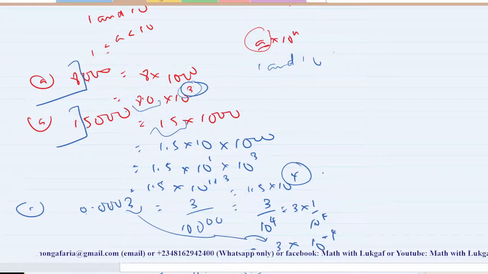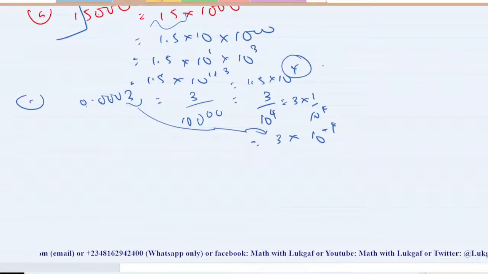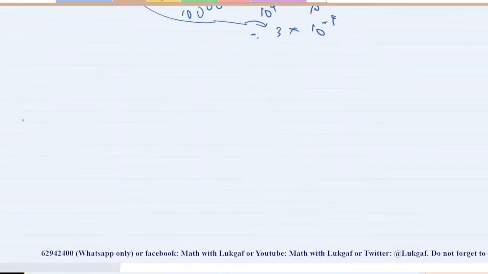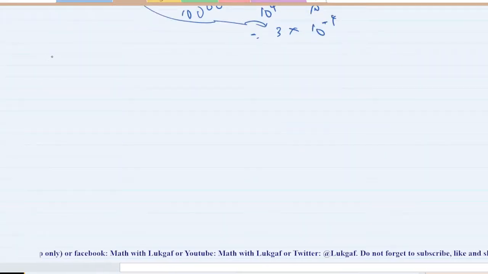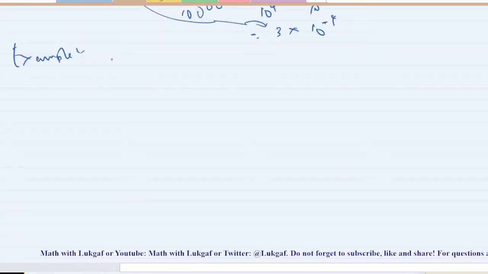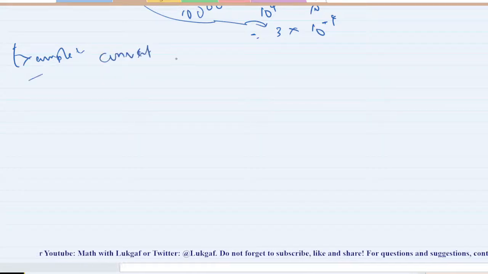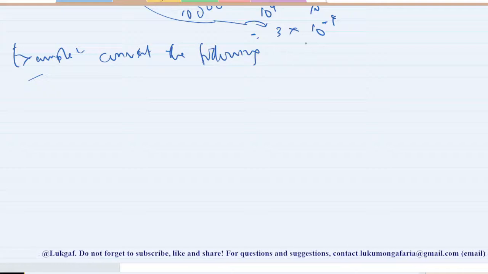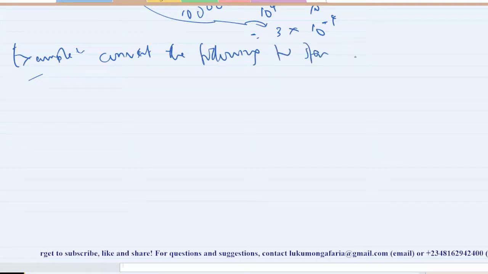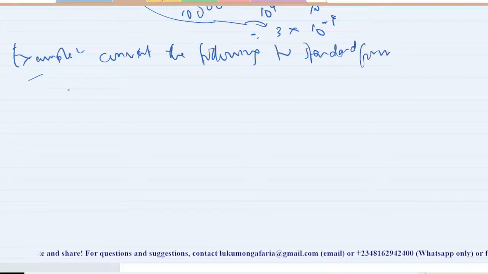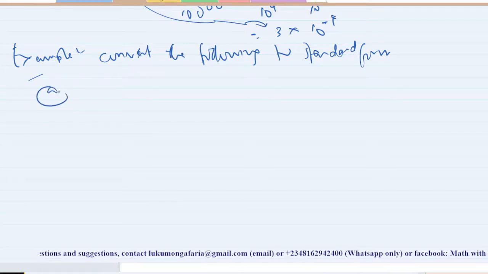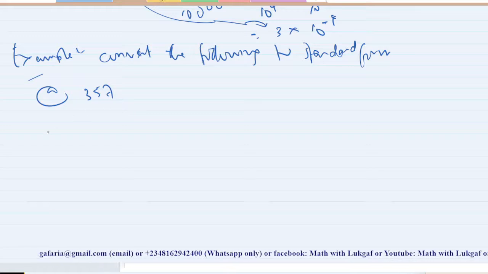Okay, now if we apply all this, in the following example, let's see what we are going to have. Example: convert the following to standard form. Number 1, I have 3578.